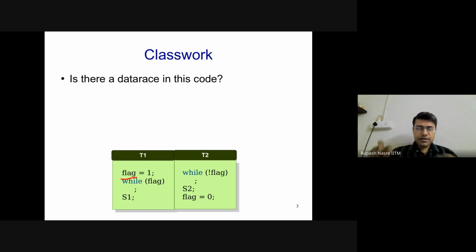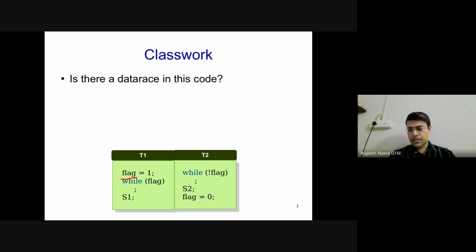Although there are some additional things which I'll skip, in the sense that there is no garbling of bit patterns, there is a possibility that at the same time, at the assembly instruction level, flag might be read by one thread and flag might be written to by the other thread. It's a common memory location. There are multiple threads, simultaneous execution.